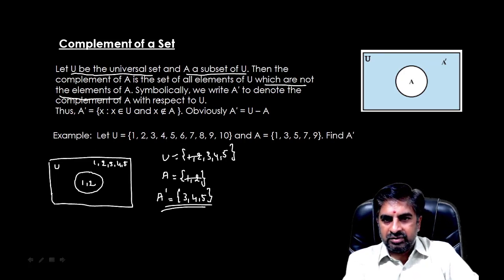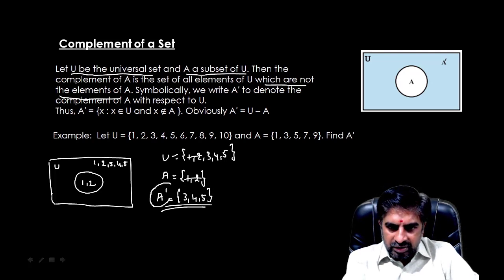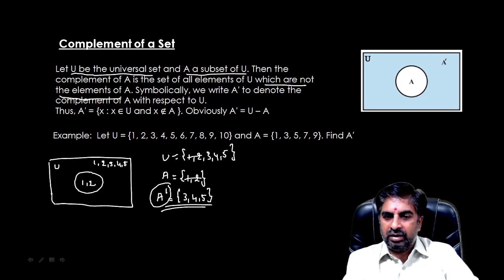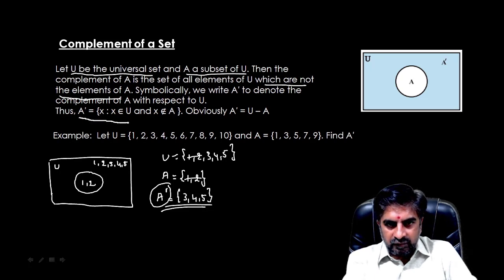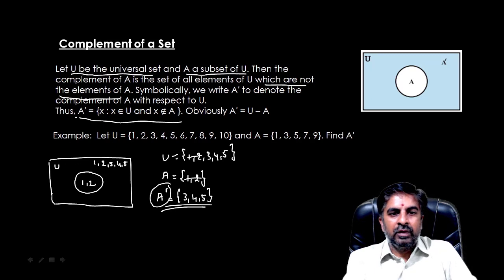So this is the complement of A. Symbolically, to denote the complement of A with respect to U, we write A dash. A dash is also the complement of A, both are the same. And if you write it in set-builder form, A dash equals {x : x belongs to U, where x does not belong to A}.